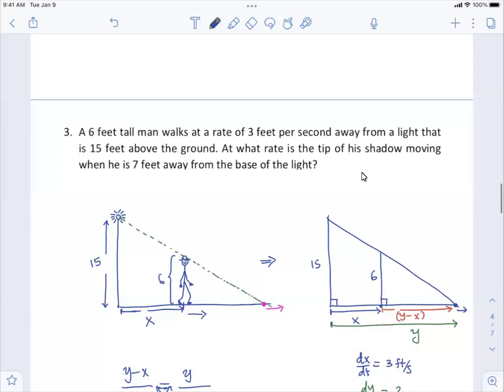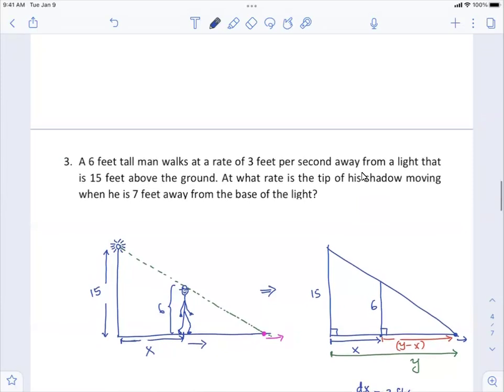When you consider the tip of the shadow, how fast is the tip of the shadow moving away? We can all guess it's moving away from the light source, but how fast? To understand the scenario, you can have some guess right at the beginning.